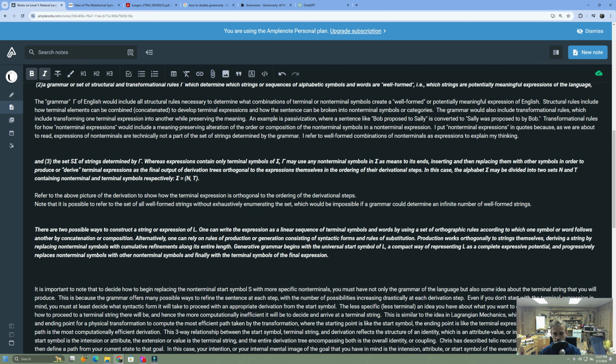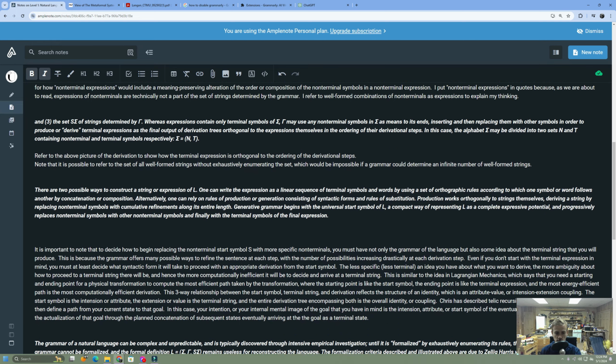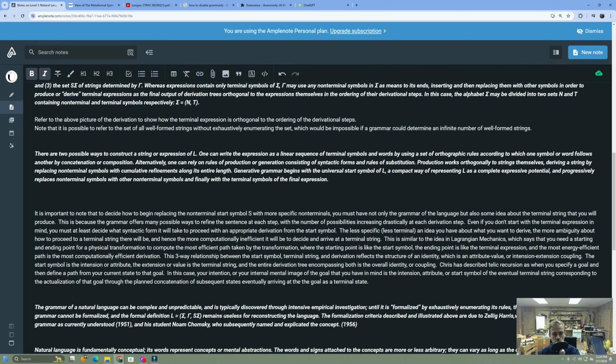Yes, thoughts of how, when terminally writing a string orthographically, you can use rules of composition as well as concatenation. Alternatively, moving back to what Chris is saying, one can rely on rules of production or generation consisting of syntactic forms and rules of substitution.